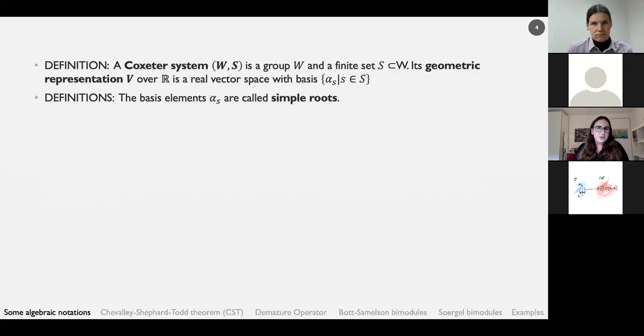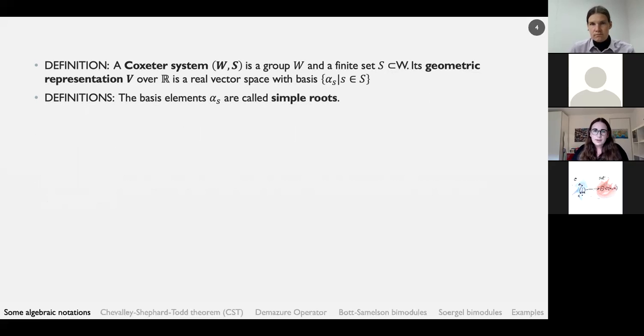When wanting to introduce Soergel bimodules, the algebraic structure we need is a Coxeter system (W, S). As we have already learned, this is a group W and a finite set S of distinct generators of W. Furthermore, we need its geometric representation V over R, the real numbers.